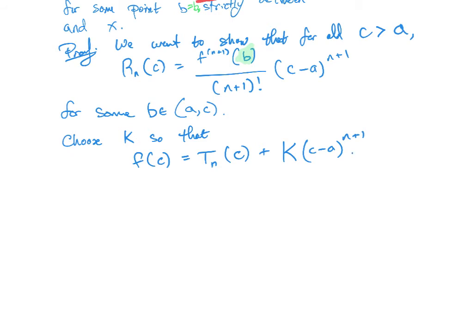Okay, I'll admit that step is not very motivated. Okay, can we do that? I mean, yes, obviously, we compute f of C, we compute its Taylor approximation at C, and we can just solve for a K. So we can make that happen by choosing a K.